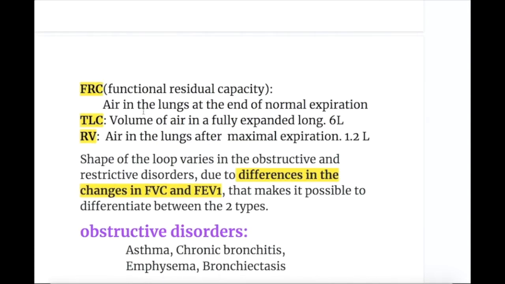Functional residual capacity, FRC, is the air in the lung at the end of normal expiration. TLC, total lung capacity, is the volume of air in a fully expanded lung, and it measures about 6 liters. And residual volume is the amount of air in the lungs after maximal expiration, and it measures about 1.2 liters.